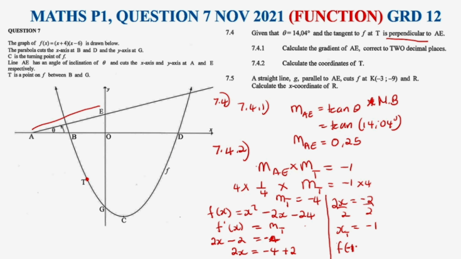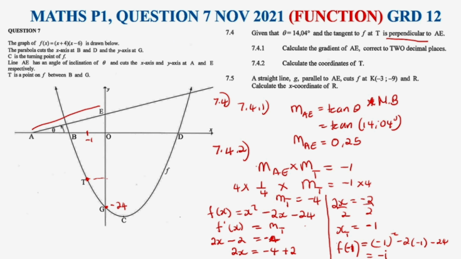All right, and this kind of makes sense if negative 1 is here. So what is y? We're expecting y to be greater than negative 25, so here it would be around negative 24. So we substitute this negative 1 into our original equation: negative 1 squared minus 2 times negative 1 minus 24, which all in all should give us negative 21.